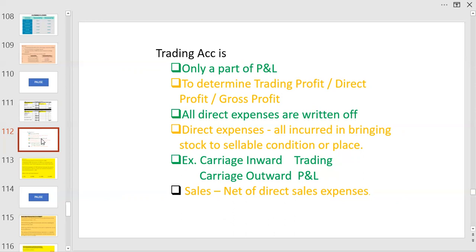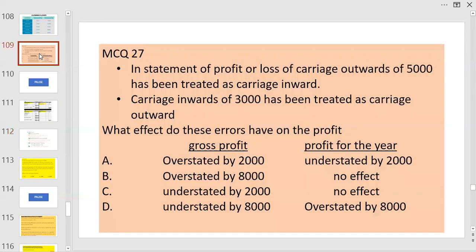Now we will go back to the question, right? So if you keep this trading account slide in your mind, now we'll go back to the question where they say a carriage outward. That means after the sales or for some other reason, some transport has been incurred, but that was shown as carriage inward.